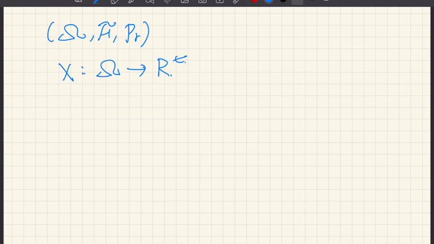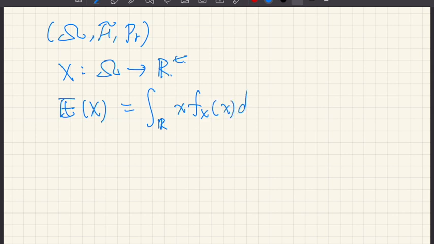Okay, well, let's say real numbers. Then the expectation value of this is defined as the integration over all real numbers of x times the density function.